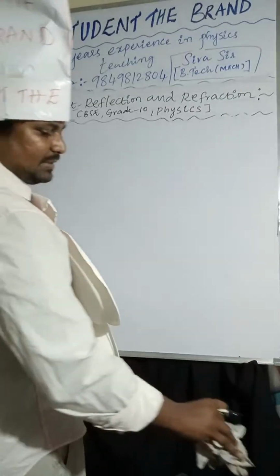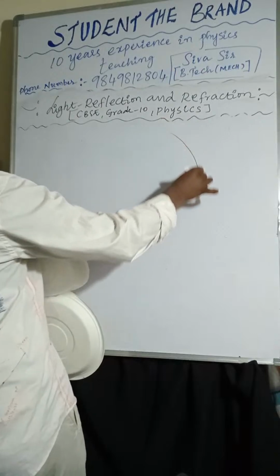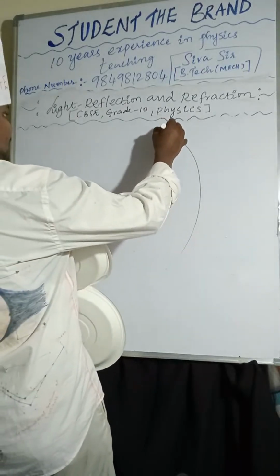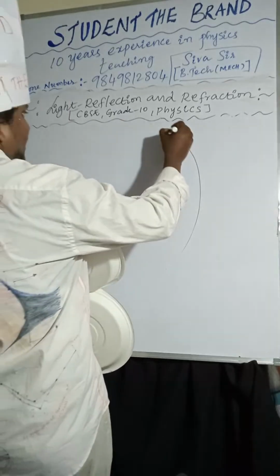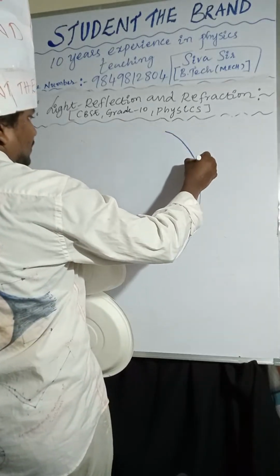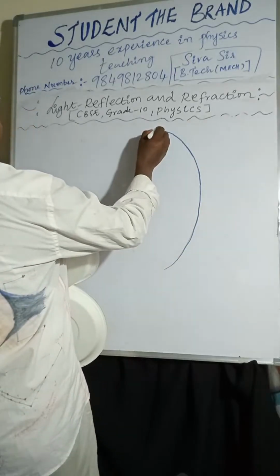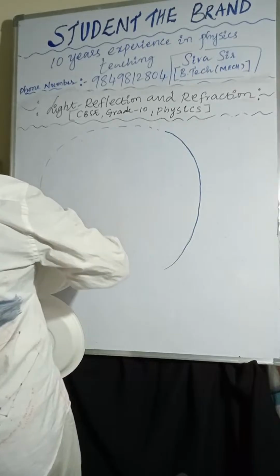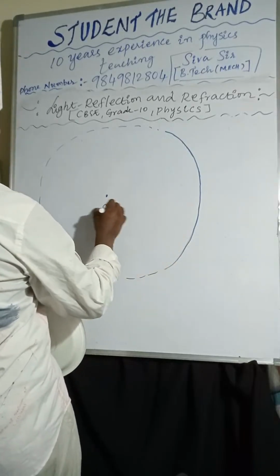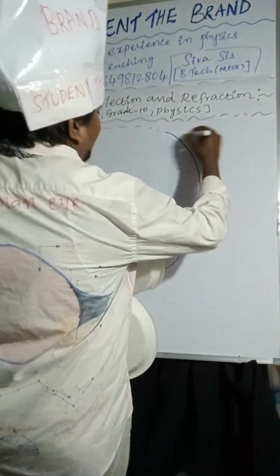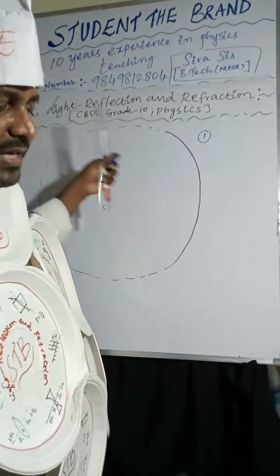Now I am taking the concave mirror like this. Here, this is a part of the sphere, and this is the center of the imaginary sphere.